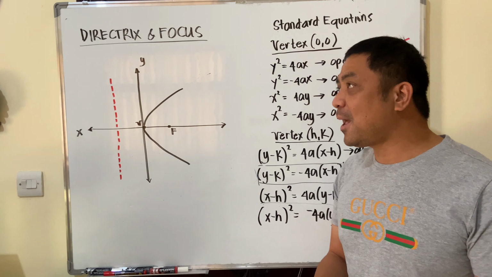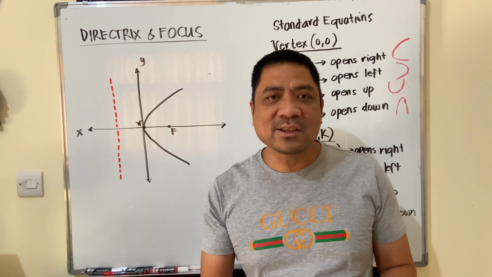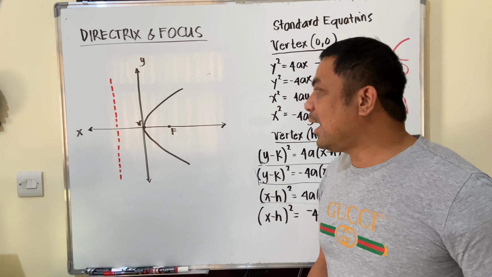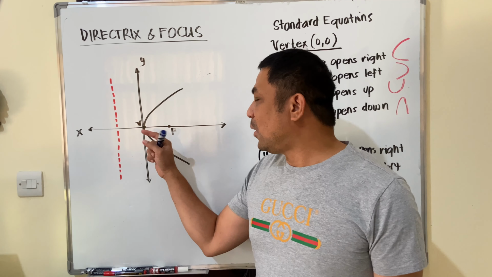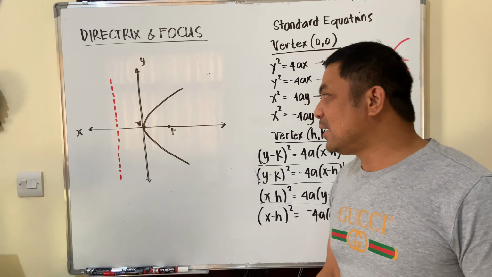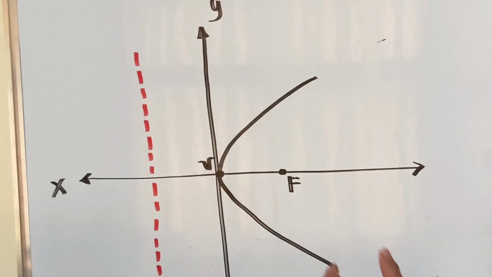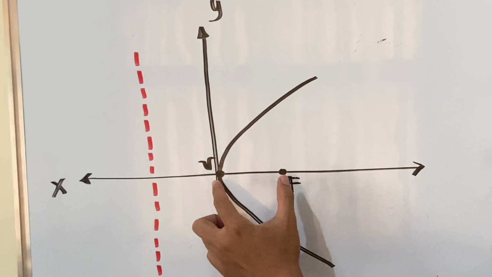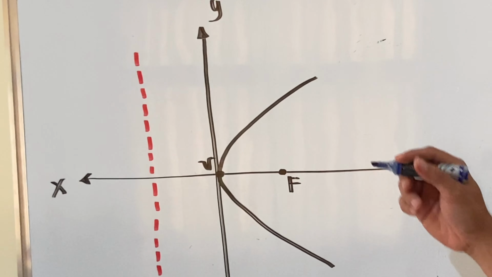As we go back to the definition of a parabola, it is the locus of a point which moves so that it is always equidistant from a point called the focus and a line called the directrix. What does that mean? Say for example this is your focus. From your focus to your vertex, we have a distance a.